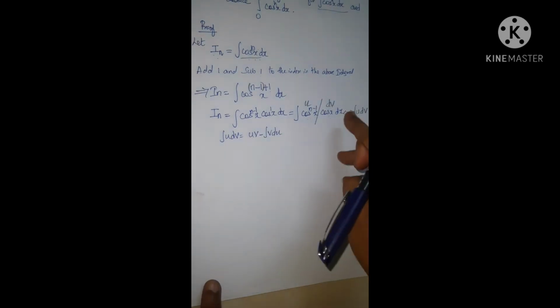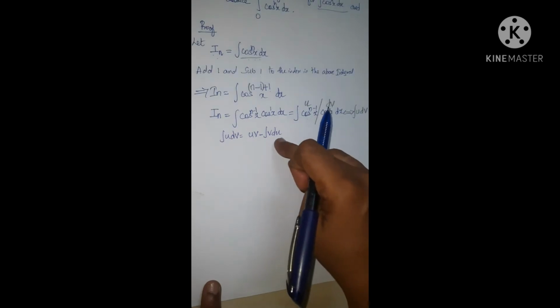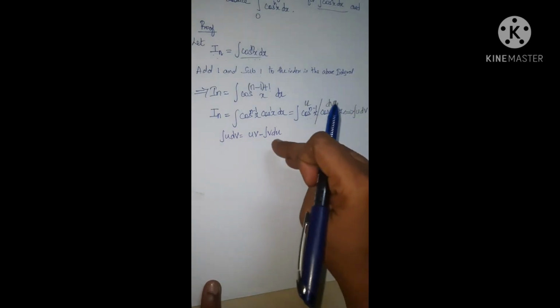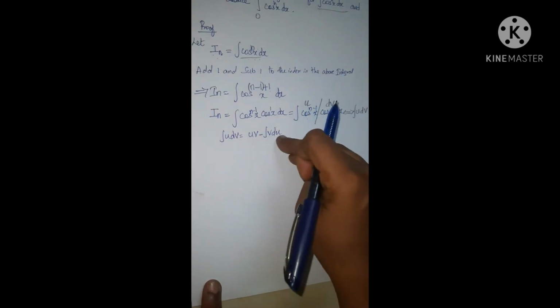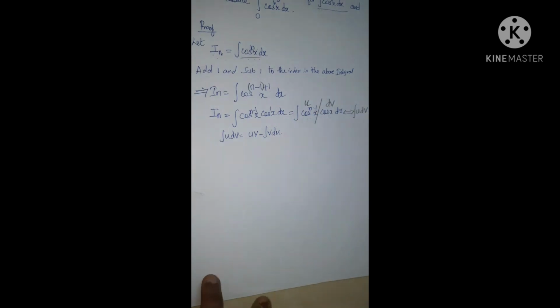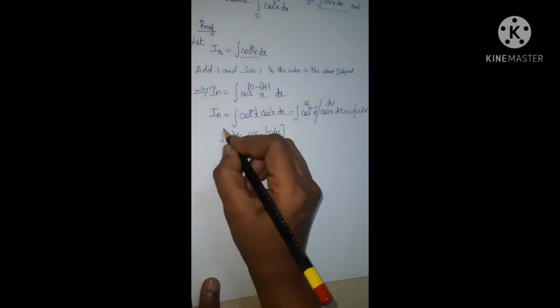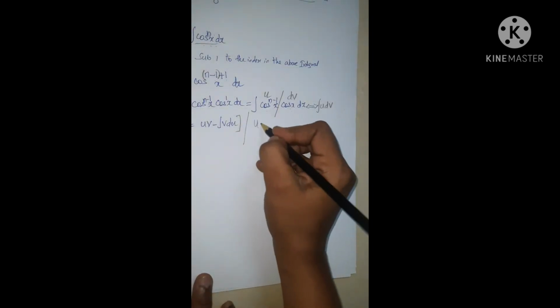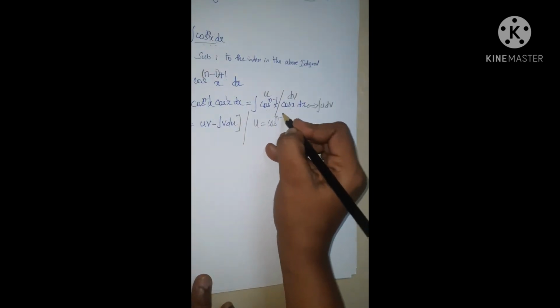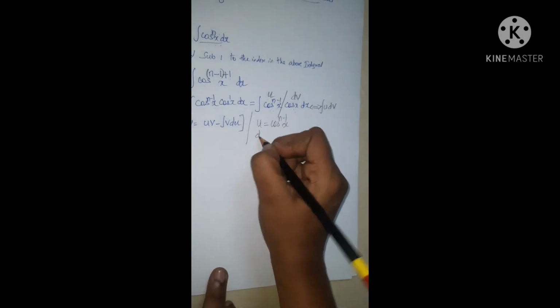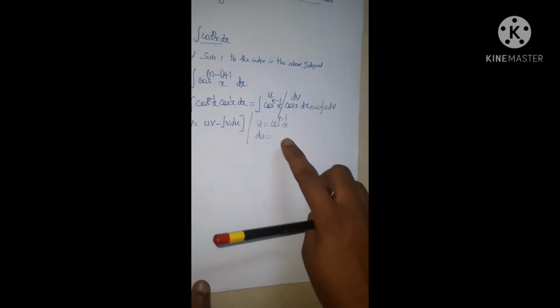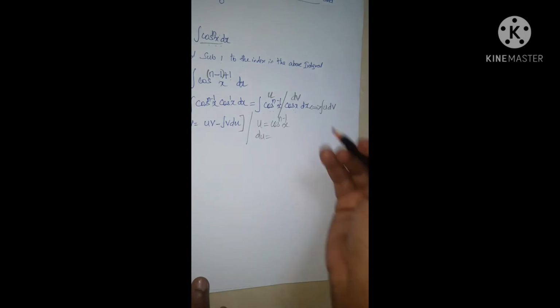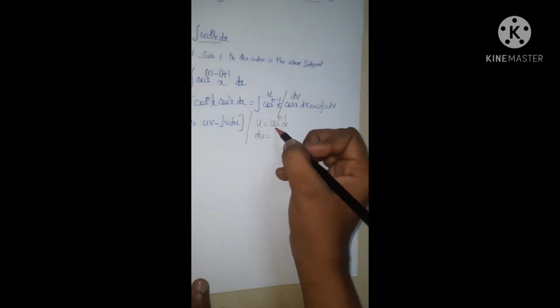So from u I have to find du, and from dv we have to find v. Once all these values are found, we can substitute and get the next step. As we have taken u equal to cos power n minus 1x, what should be du? Du means differentiation of cos power n minus 1x.